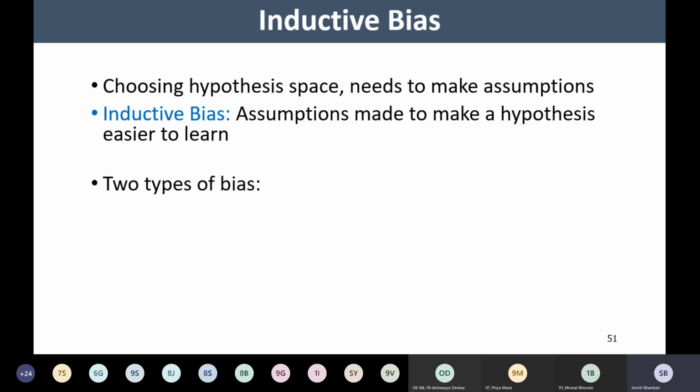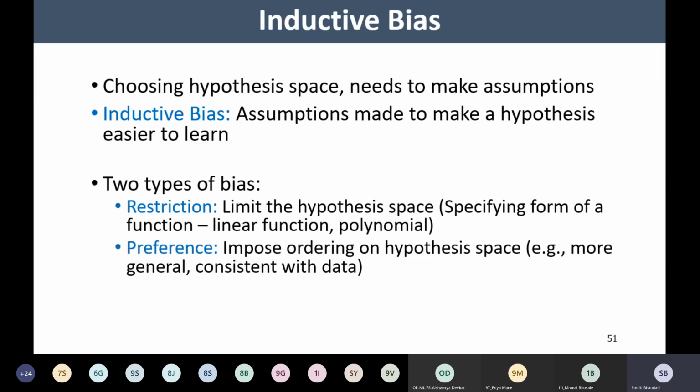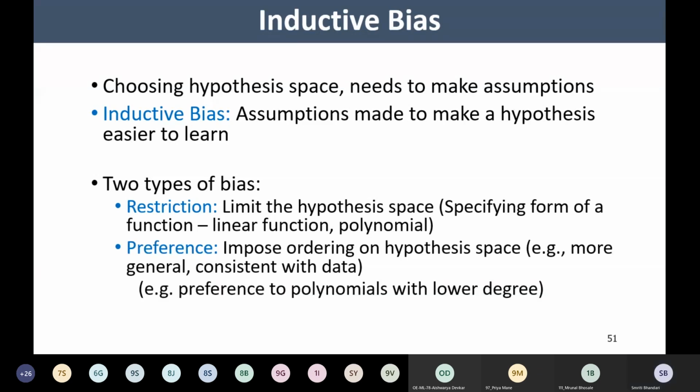Also, we have gone through two kinds of biases, restriction bias and preference bias, right? So we know what is restriction bias and we know what is preference bias.